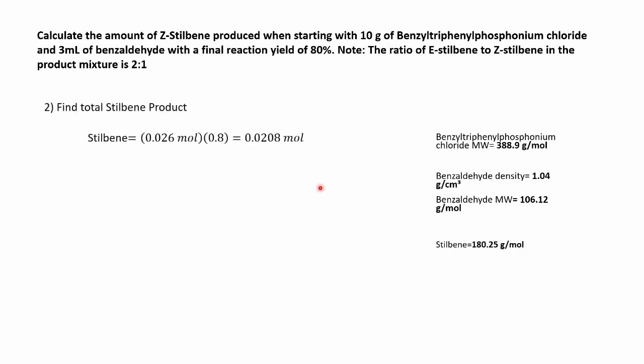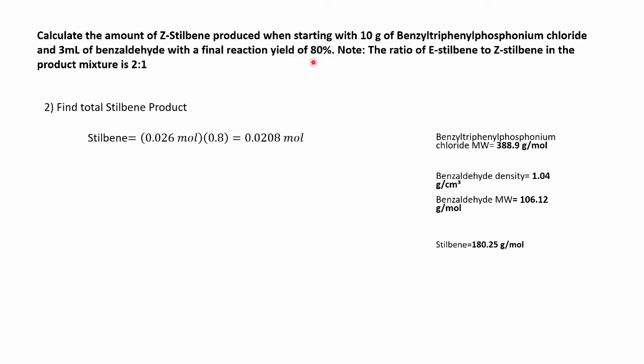Now that we know the limiting reagent, we need to find the total amount of stilbene that is produced. Remember that at the end of the reaction, we received about an 80% yield.